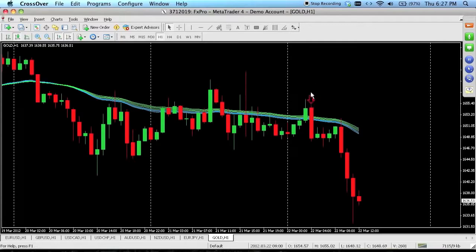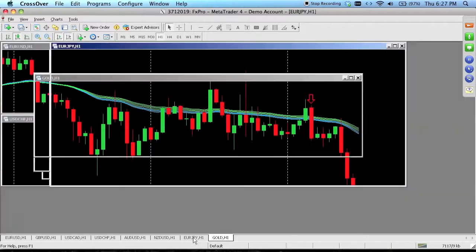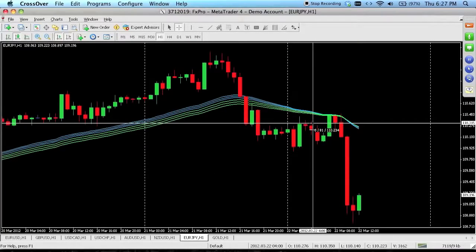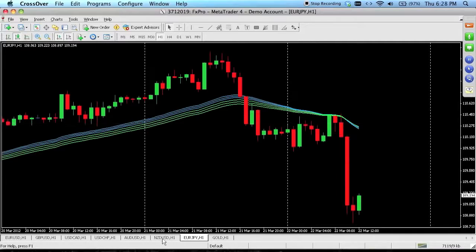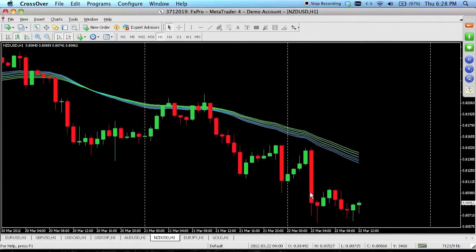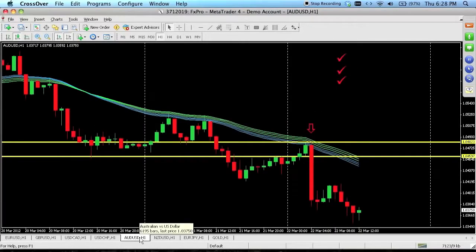So let's take a look at gold. 59 pips on gold. Euro yen, how many pips on euro yen drop on average? 14. New Zealand dollar dropped a big chunk itself, more than 40, 50 pips. So let's say Aussie dollar was your only pair that gave you a perfect formation.